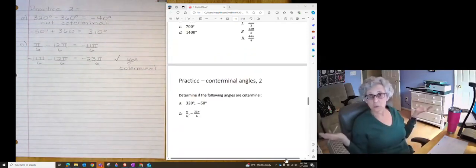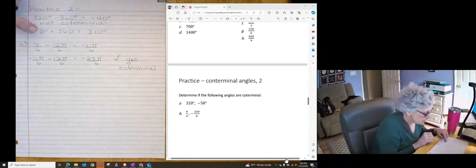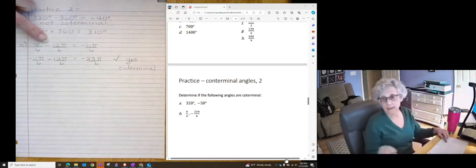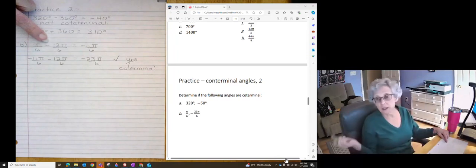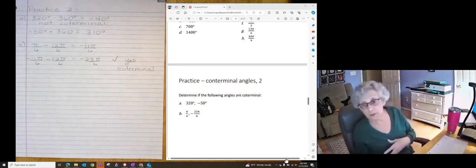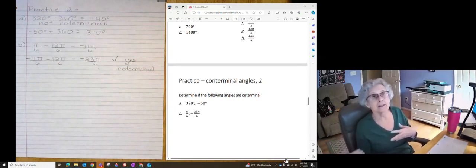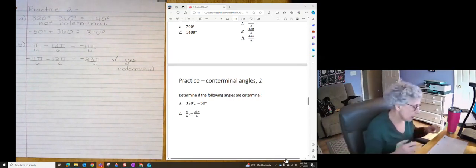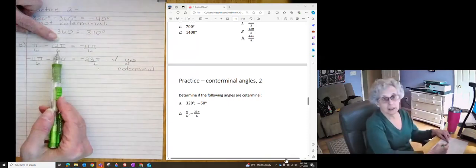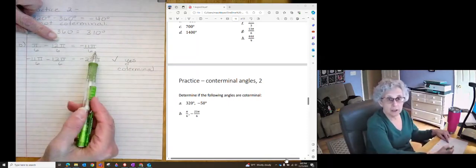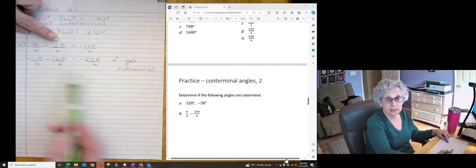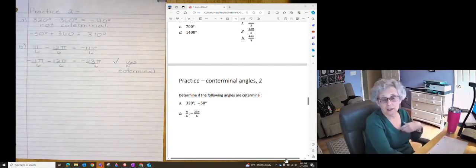Okay, these two were coterminal. I started out just subtracting because the first one was positive. You could have started with negative 23 and added to see if you could get to pi over 6. But again, I got my common denominator, subtracted again, and yay, I ended up there.